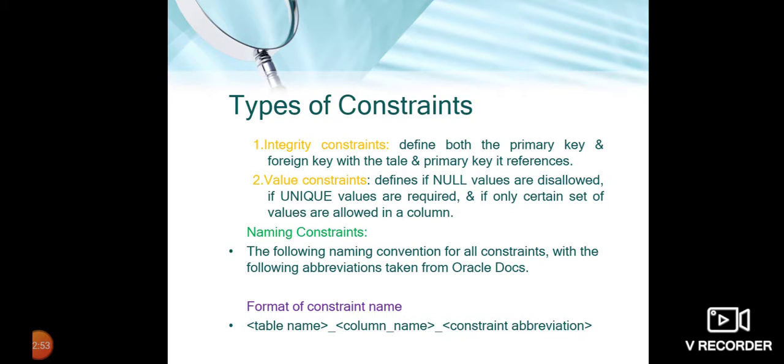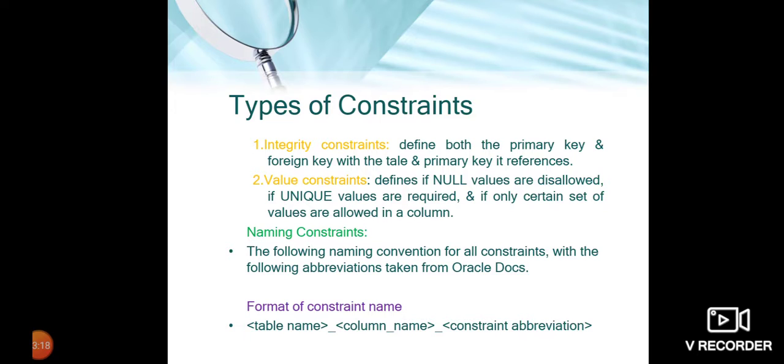Then value constraint. Value constraint is for a single column, where you specify that you should definitely give some value. For example, mobile phone is a column which cannot be left empty in any situation. The next one is naming constraint.